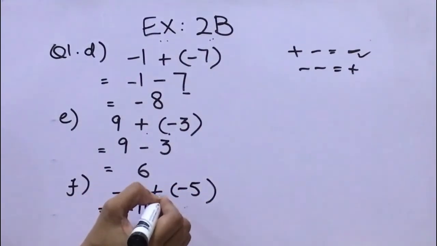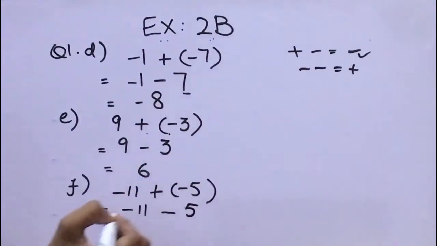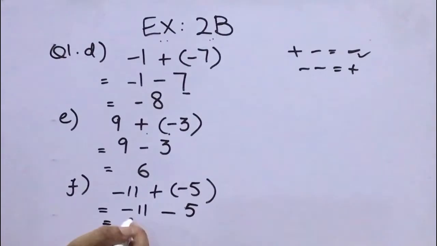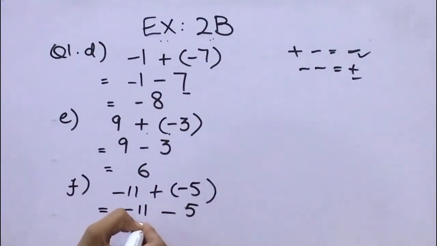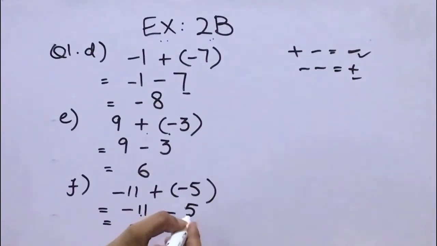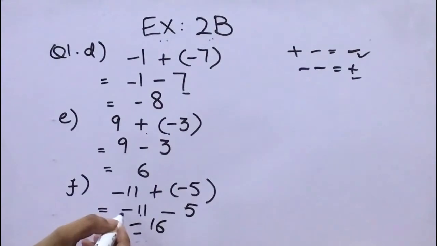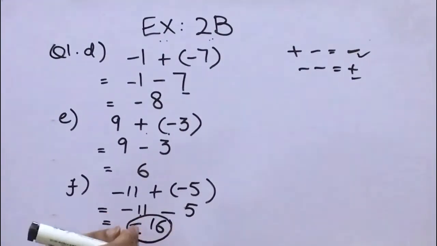Minus 11 plus minus 5. So the answer would be minus 16. Why is it minus? Because 11 is the greater number as compared to 5 and 11 has the minus sign. So the answer is minus 16.